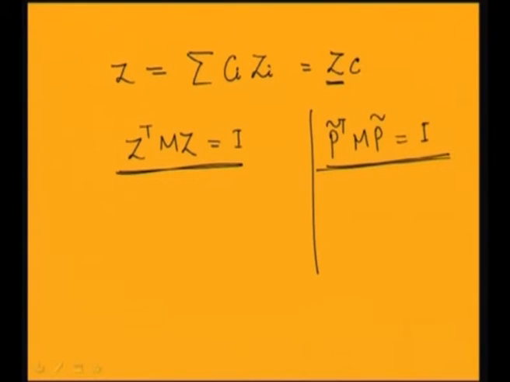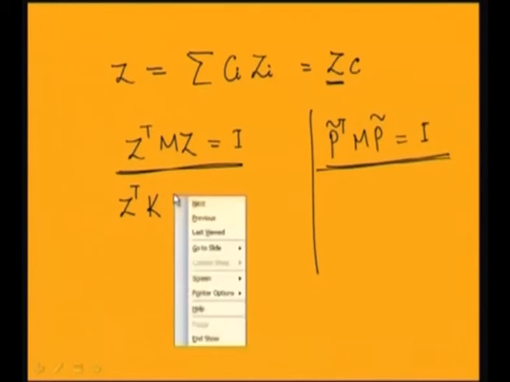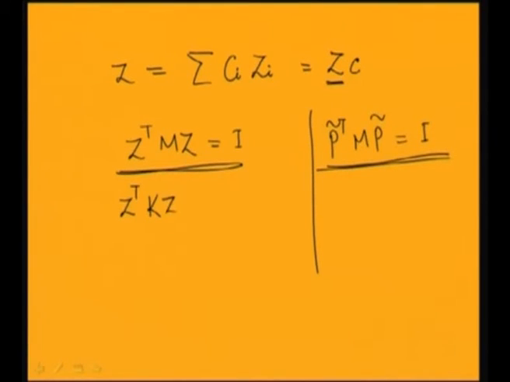So, one can find a Z such that Z transpose M Z equals I. When it satisfies this equation, Z transpose K Z will be equal to a diagonal matrix.